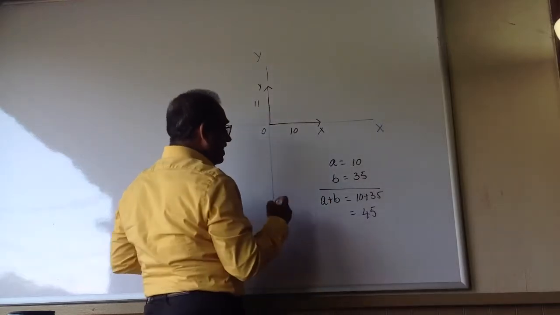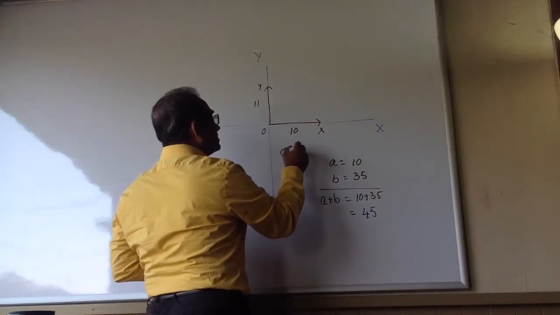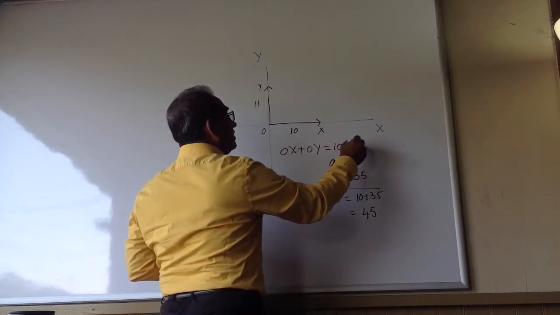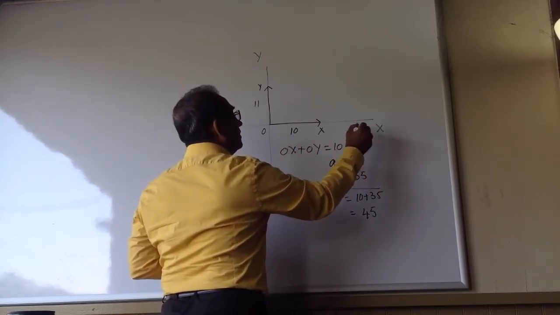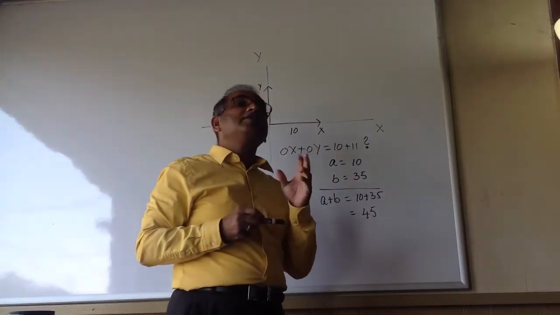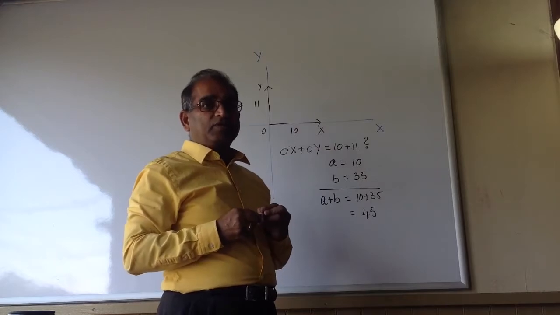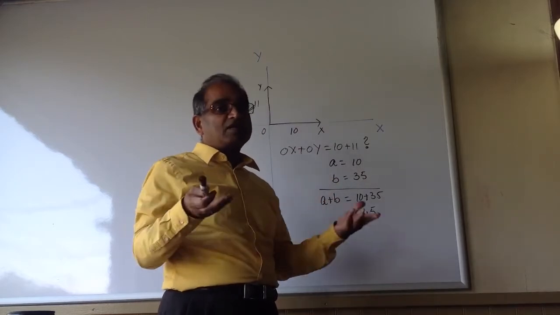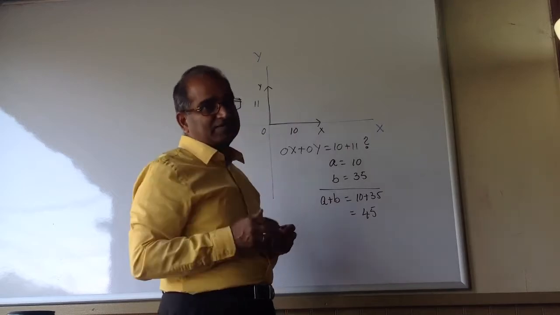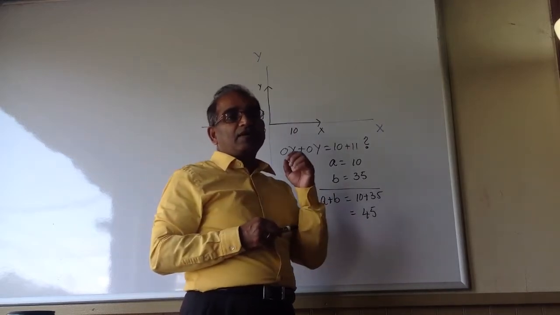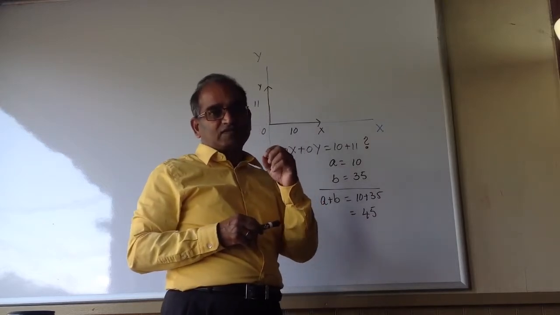So, do I get OX plus OY is equal to 10 plus 11? Do I get this? Is the question. Answer is not necessarily. You may get 10 plus 11 or you may not get 10 plus 11. You may get some other answer. Why? That's the interesting part in vectors.